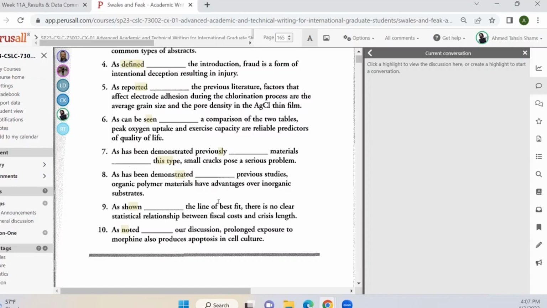By. It's actually by: as shown by the line of best fit. For number 10: as noted in our discussion.